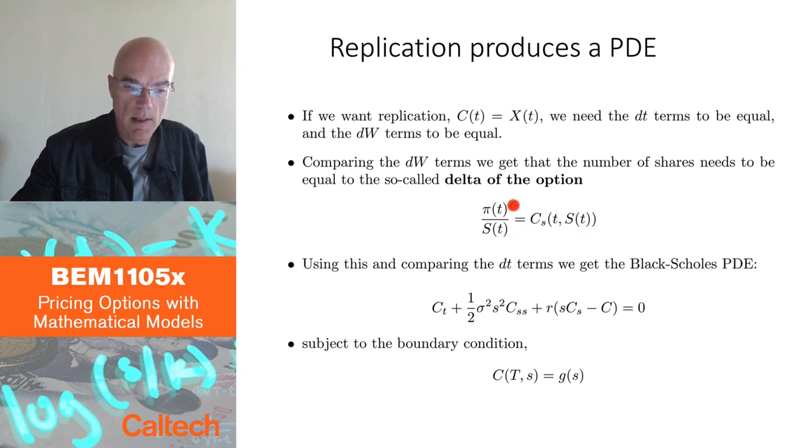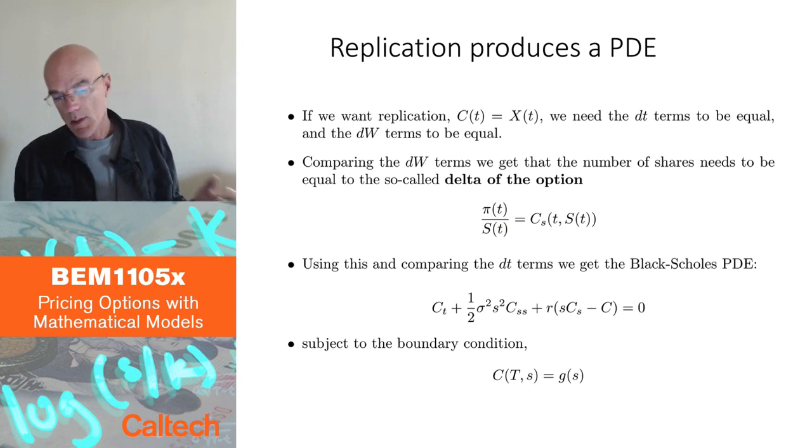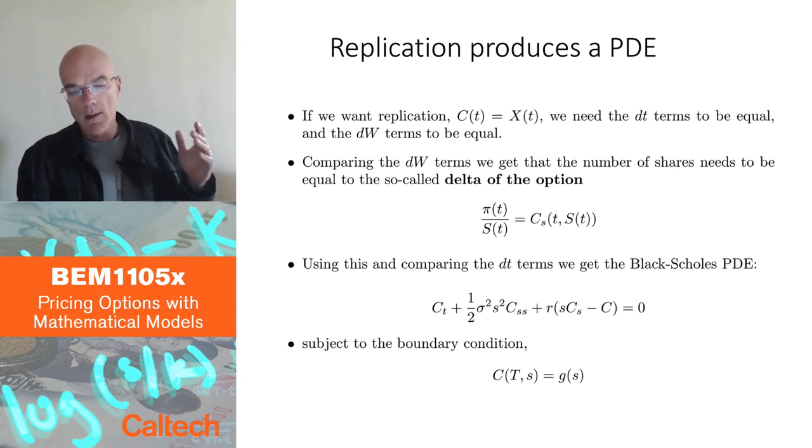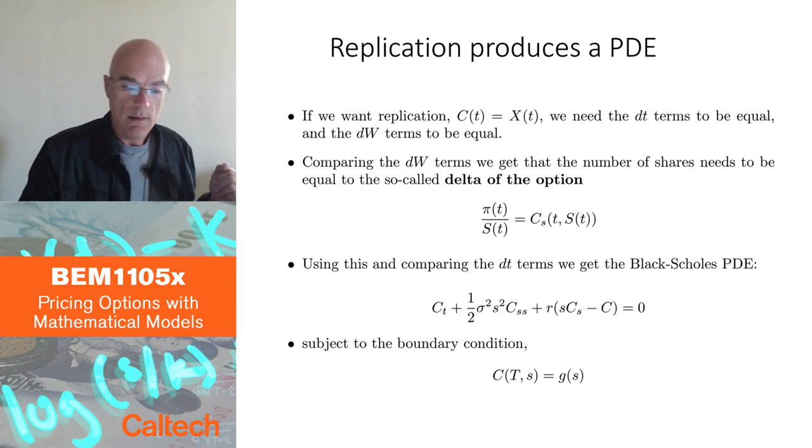What is the left-hand side? The left-hand side is, as we already mentioned, the number of shares. And we get this famous result in continuous time Black-Scholes pricing and replication, that so-called delta of the option, which is the number of shares. Well, the delta of the option is actually defined to be this right-hand side.